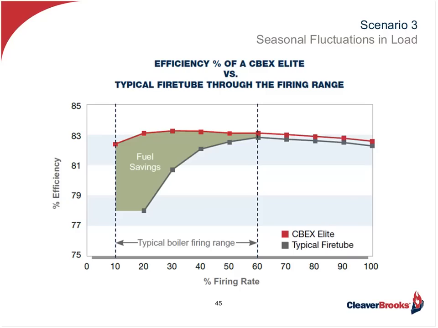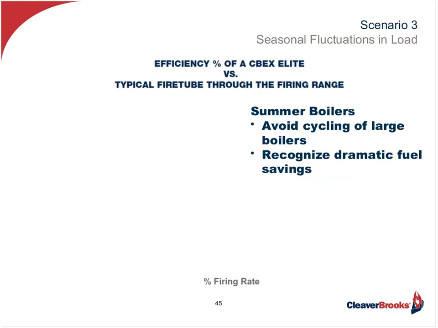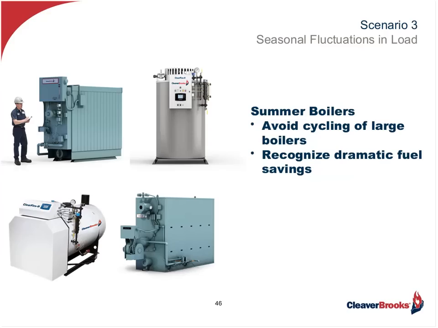But if you don't, in 9 chances out of 10, 6 chances out of 10, whatever it might be, that boiler is going to be cycling. It's not going to have that turn down, and you're going to have the problem. So what do I do in a situation like that then? What I have found in the years that I've been involved in this industry, the best thing to do in this particular case is to go to a summer boiler.